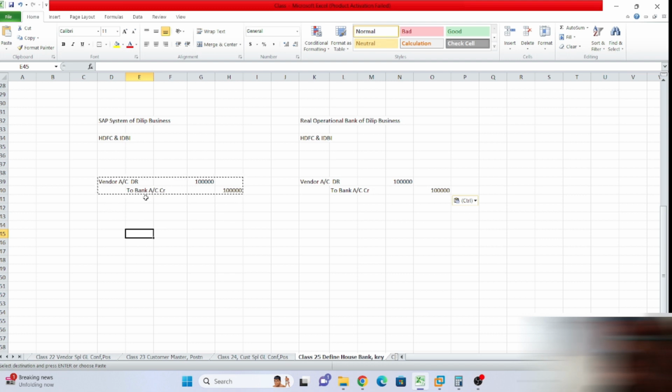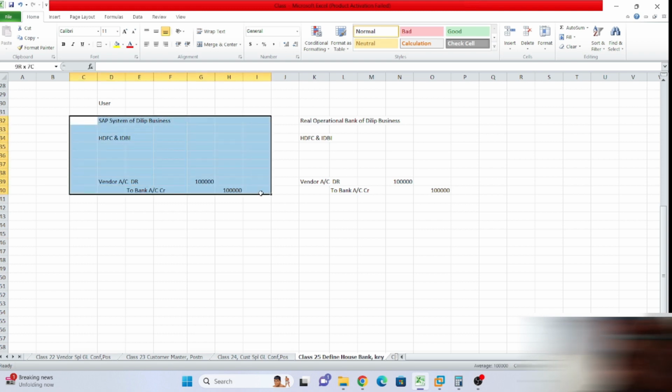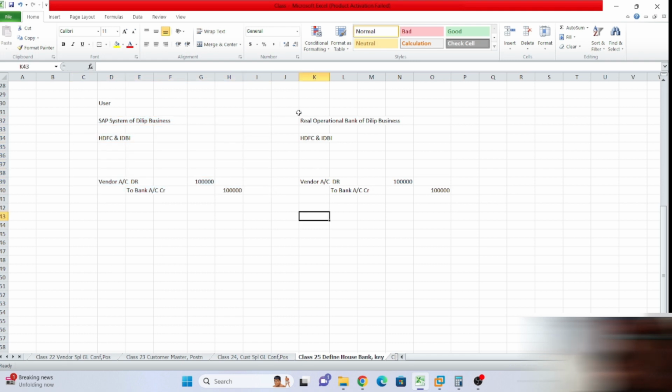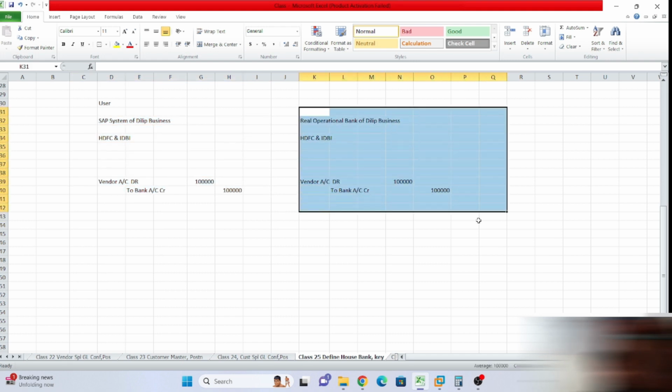See, first the user is doing the posting only in the SAP system. Please try to understand my question. Whether payment will be deducted from the real operational bank at that time?